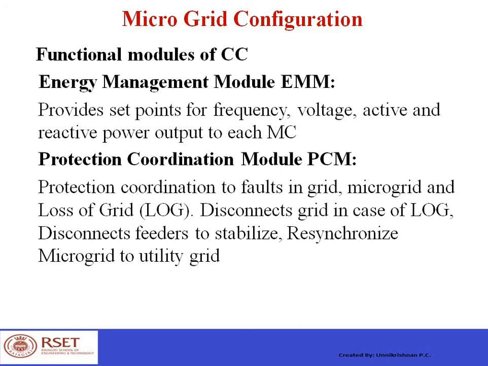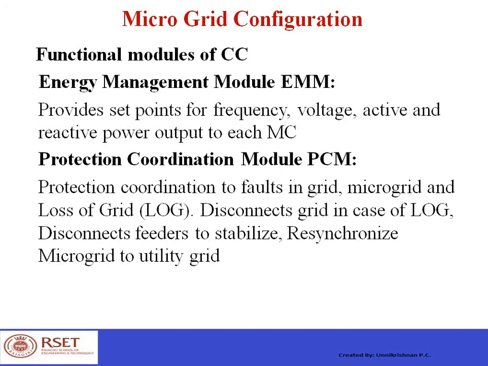It also disconnects feeders to stabilize. You should remember that in any power system, the total generation should be equal to the total load at all points of time. So whenever there is a difference, for example, the power generation is less and the load is more, immediately you have to cut off some of the loads. This means you have to disconnect some of the feeders.